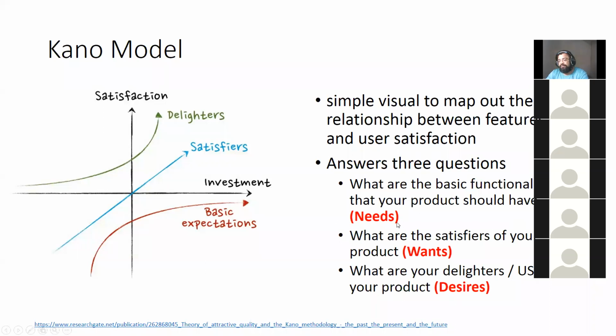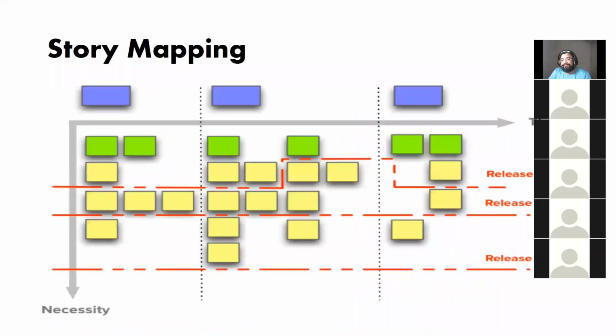This is just to tell you how we differentiate the satisfiers, basic expectation, and delighters. So another model we have is story mapping. I think everybody would have known about the visual story mapping concept.